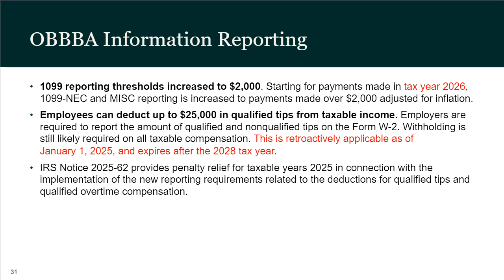What the IRS has come out with is Notice 2025-62, which is basically granting penalty relief to employers and other payers for tax year 2025, relating to new information and reporting requirements for qualified tips and qualified overtime compensation. The penalty relief is giving relief from Section 6721, which is failure to file correct information returns, and 6722, which is failure to furnish correct information to the payee.